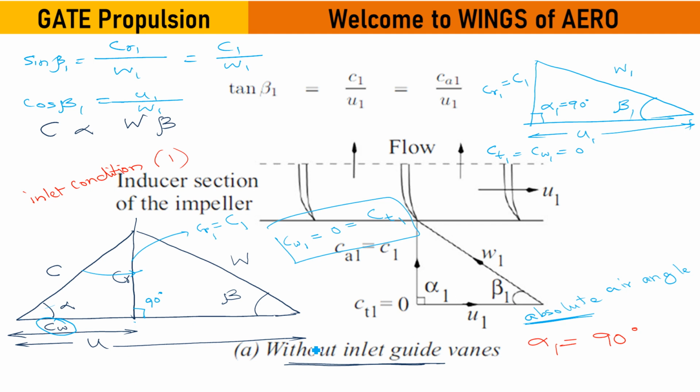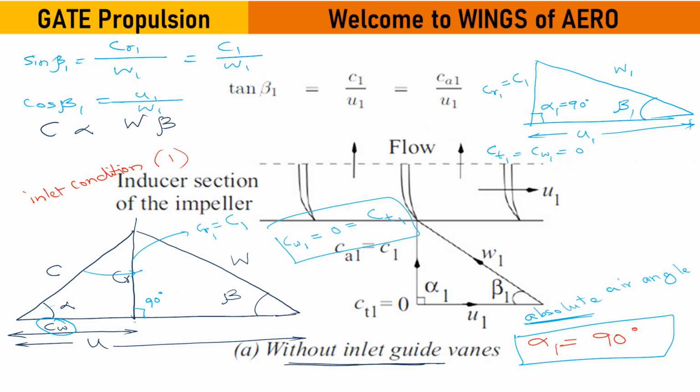Now you have to see whether the question asks without inlet guide vane or with. This is a condition. Remember, the prime condition is that without inlet vane means alpha 1 is going to be 90 degree. You know the basic configuration, so from here you can make your own schematic.